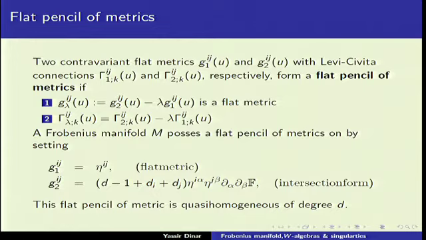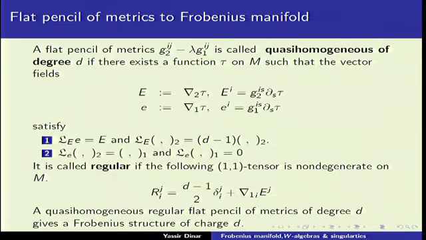Because the construction here will depend on flat pencils of metrics, I just write the definition of quasi-homogeneity and how we find a flat Frobenius structure from a flat pencil of metrics. So, a flat pencil of metrics, that means they are flat and any linear combination would be flat. We call them homogeneous of degree d if we have just one function tau.